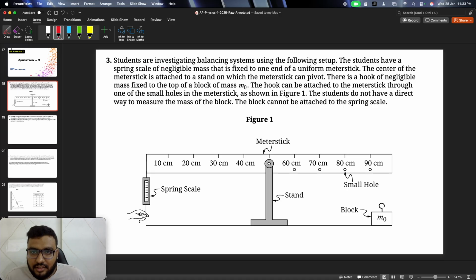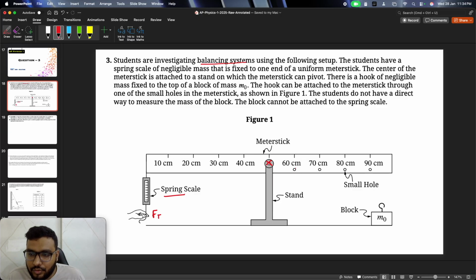So students are investigating balancing systems using the following setup. Here we can see there is a meter stick which shows the distances from this particular axis. There is a spring scale which will be used to measure the amount of force we are applying.